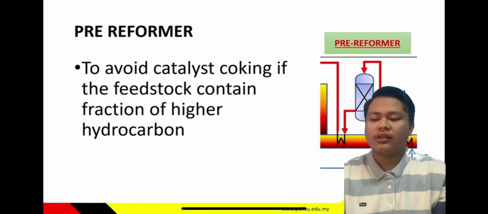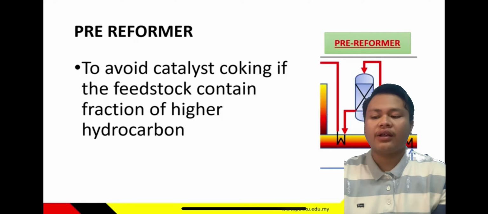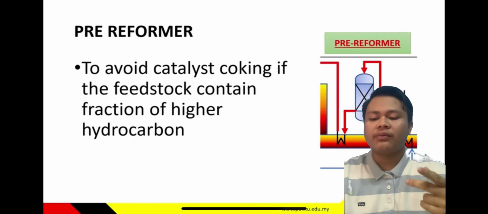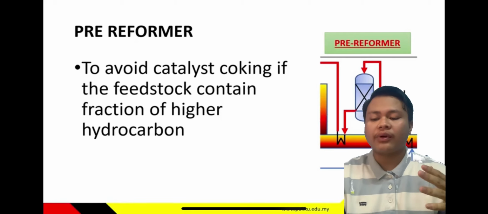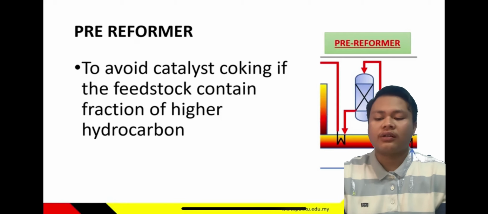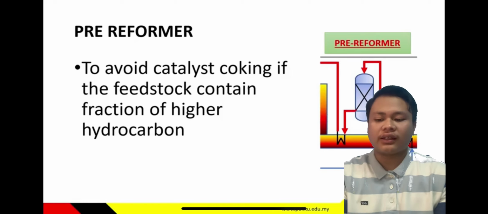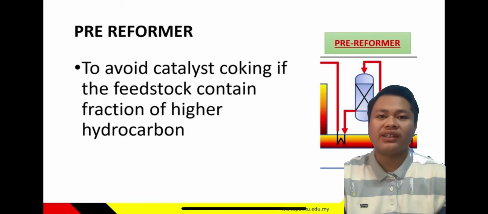This is a reactor to convert higher hydrocarbons, because higher hydrocarbons have more carbon atoms, and more carbon atoms can cause coking. To avoid catalyst coking in the system, we use the pre-reformer. That is the function of the pre-reformer reactor.